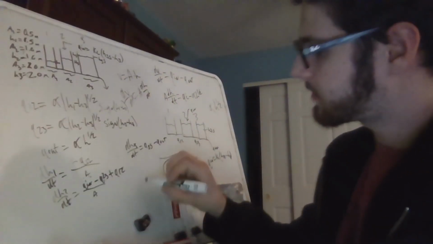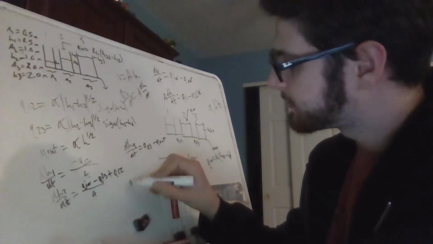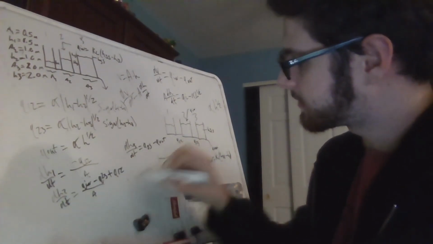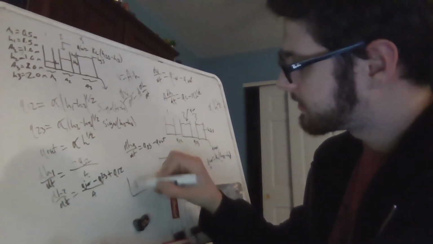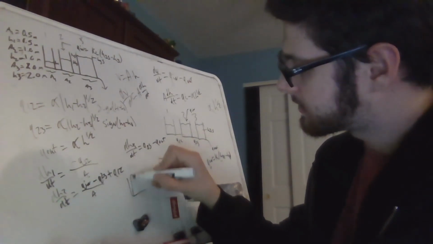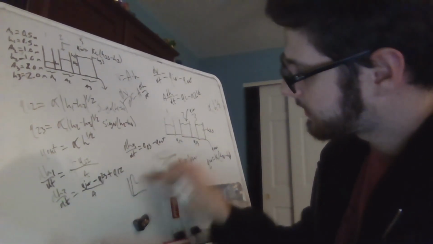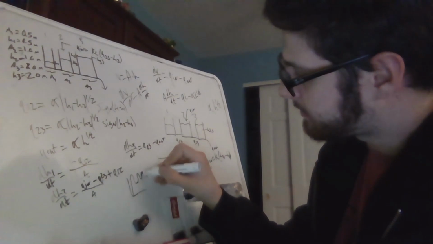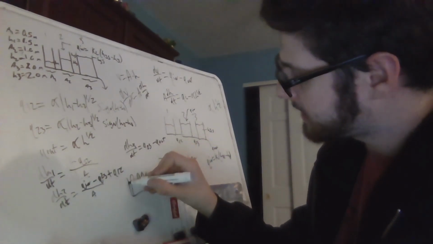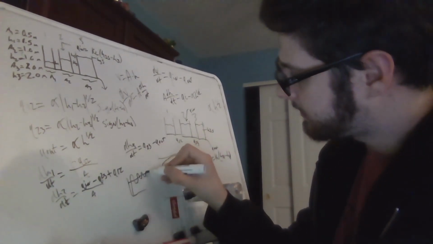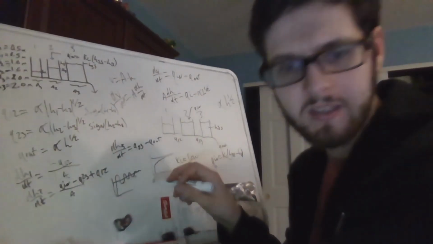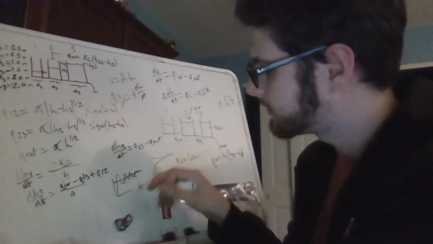And if you have your Kc too high, it's going to look something like this, like a damped sine wave, and it'll eventually even out, but it's going to be really turbulent.